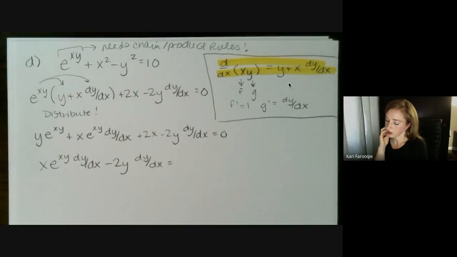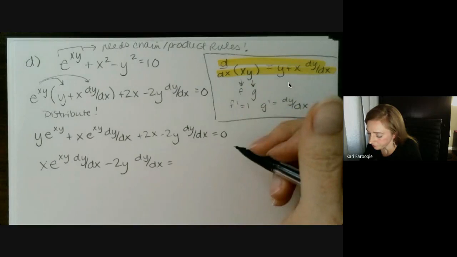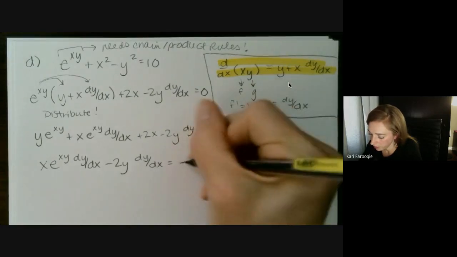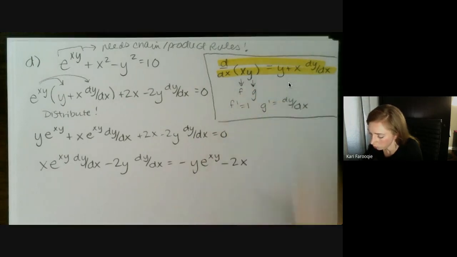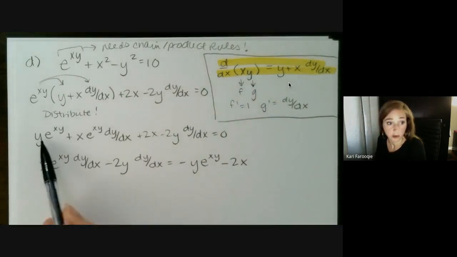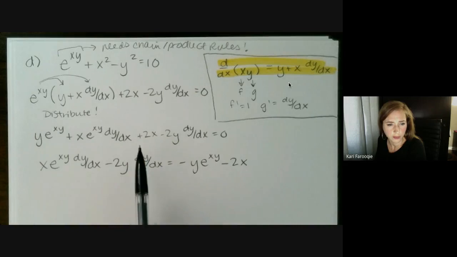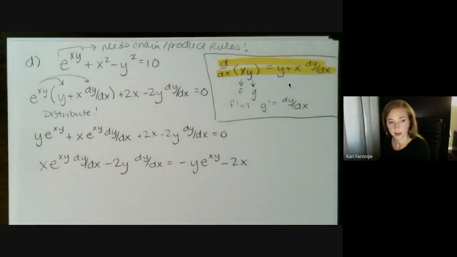Anything that does not have a dy dx on it, I'm going to subtract off the other side. So let's see, minus y e to the xy minus 2x. So I moved this guy and that one. And I only had 1, 2, 3, 4, technically 5 terms if you include the 0. Everything matches up.